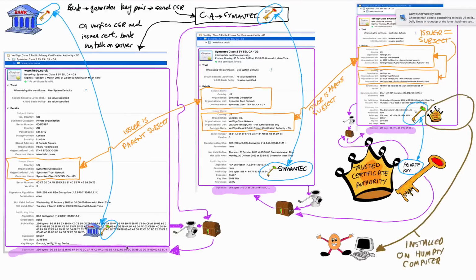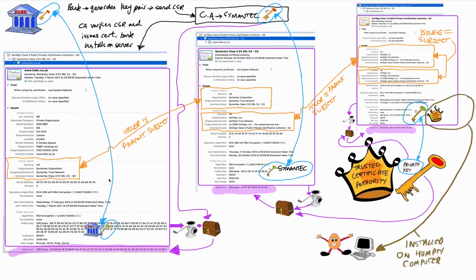But the problem is, your certificate is still not trusted, because it has not been signed by a trusted certificate authority. It's basically been signed by HSBC, and your browser has not been able to traverse a chain of certificates leading up to a point where the ultimate parent signer of this chain is someone that the browser already inherently trusts, right?